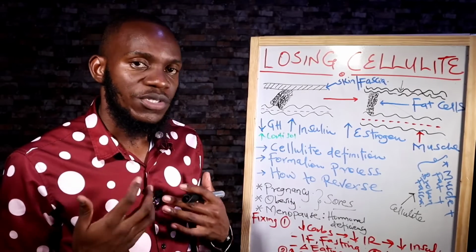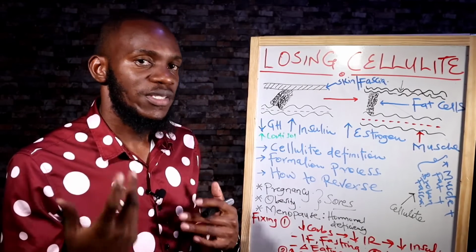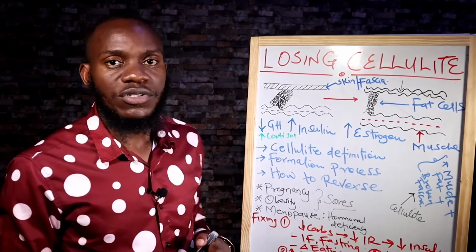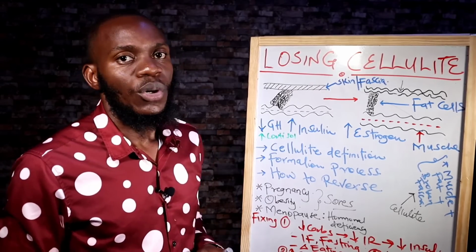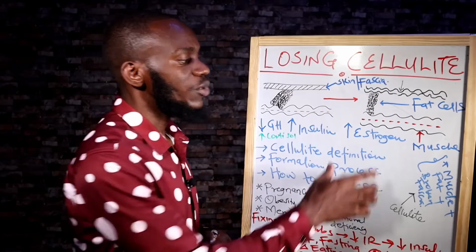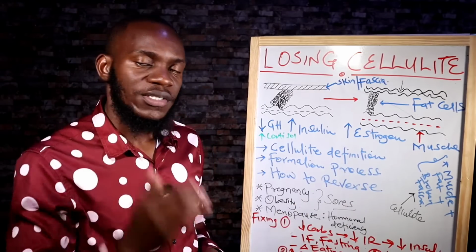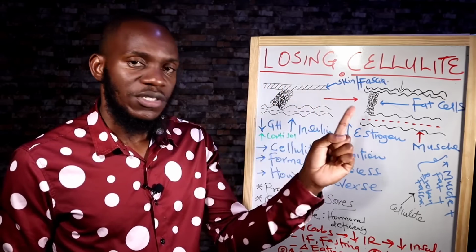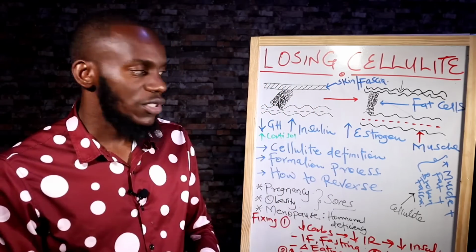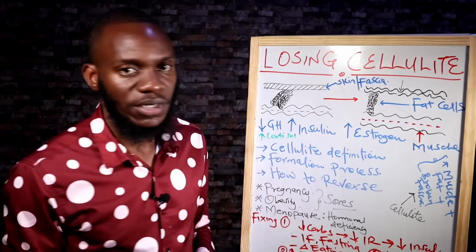And when you lower or raise their levels, then you can alter the formation of this cellulite. So we can utilize these hormones to at least lower the chances of you getting cellulite, or if you already have it, to help you lose it. So you can use these hormones as therapy again.